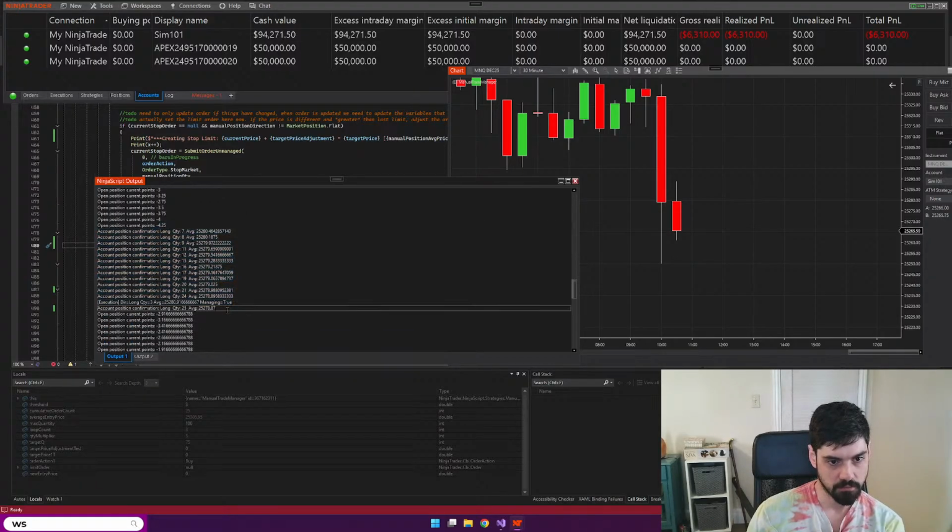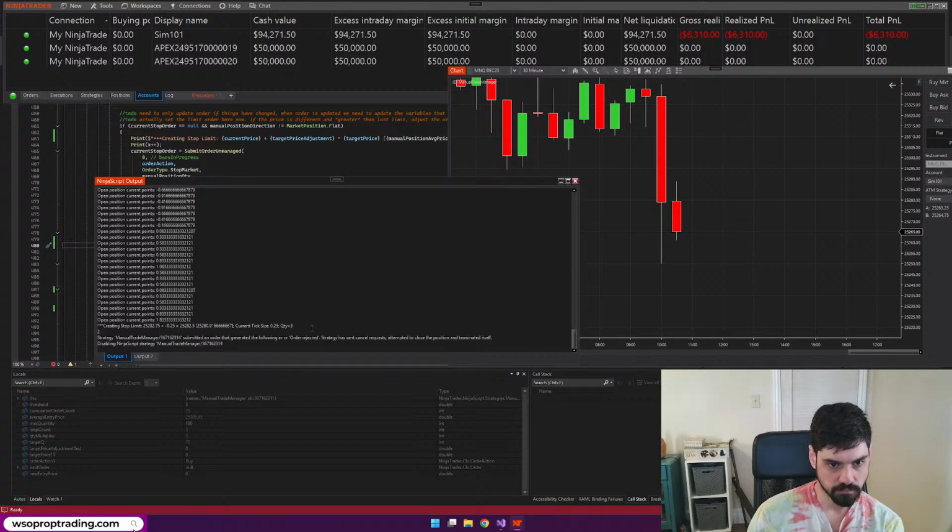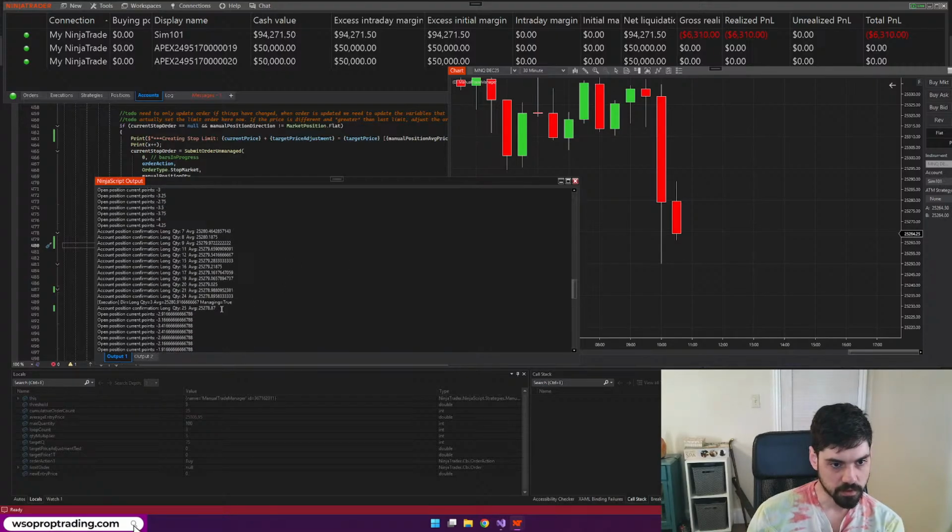It buys a bunch. Was that off? That might have been off, because here I see account position go up to 25, but then this is only saying 3.